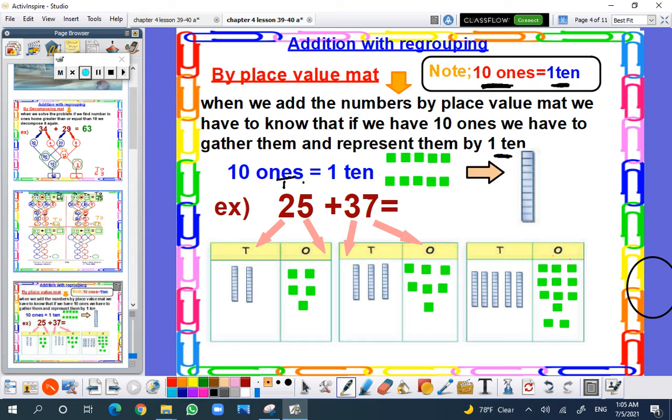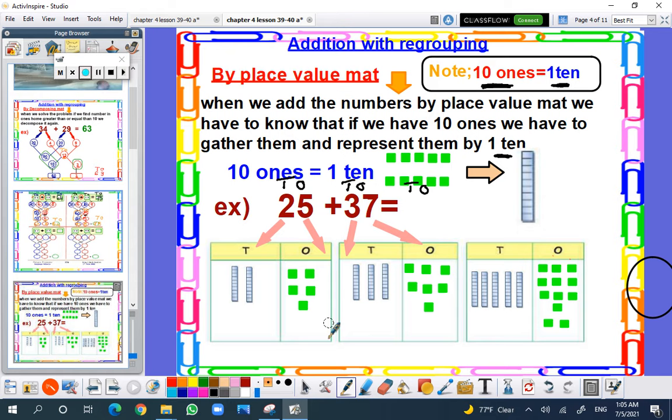I'm going to write T-O, T-O, T-O as usual. 2 on the tens, so I'm going to draw 2 rectangular bars. 5 on the ones, so I'm going to draw 5 small squares. Let's represent 37 now. 3 on the tens, so I'm going to draw 3 rectangular bars. 7 on the ones, so I'm going to draw 7 small squares.